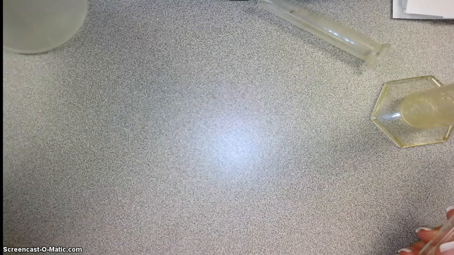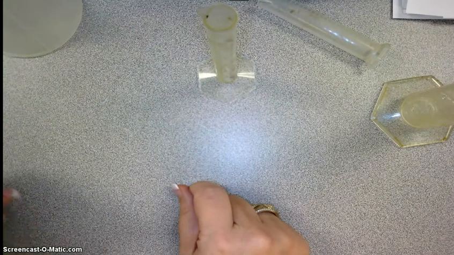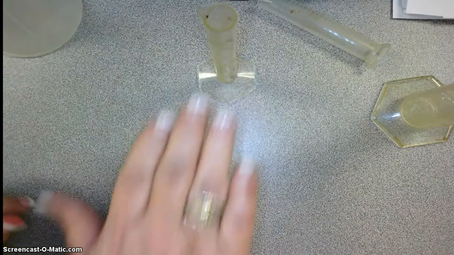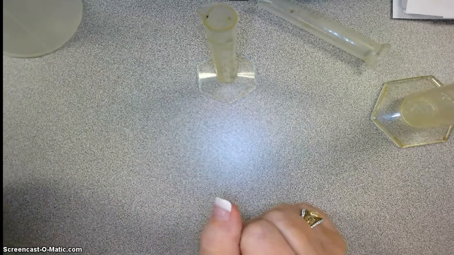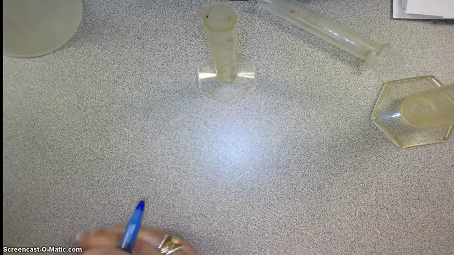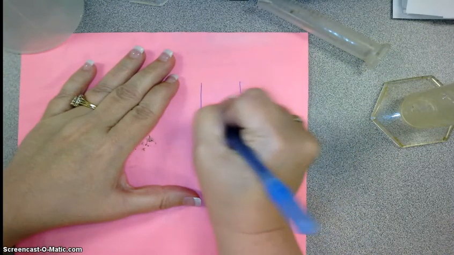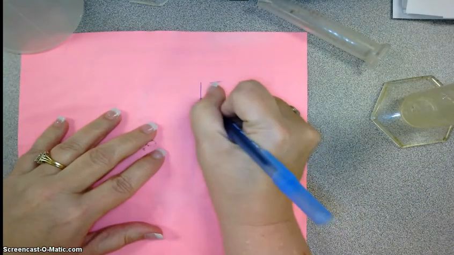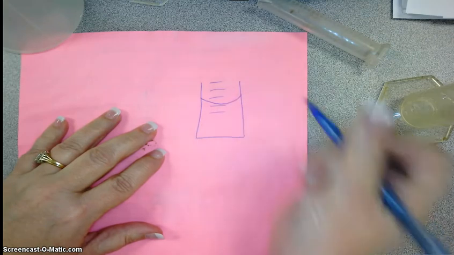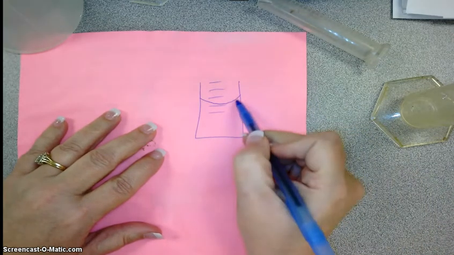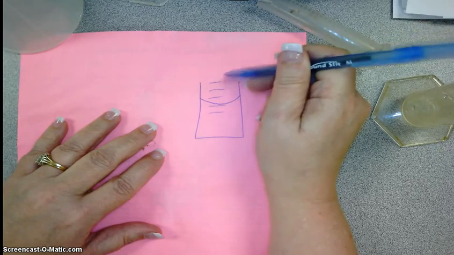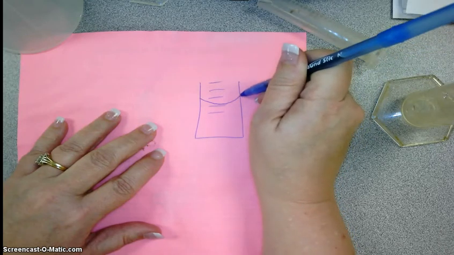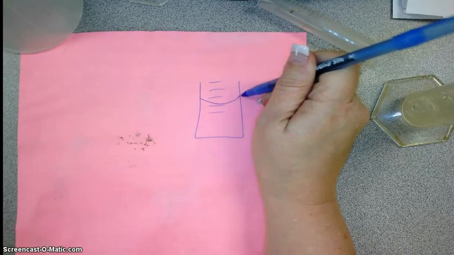You always want to set it down on a level surface, and then get down to eye level and look at it so that you're making an accurate measurement. Now, when we have a graduated cylinder, the water itself actually bends a little bit. This is because the air pressure is pushing down from the top, and water tends to cling, especially to glass, but plastic also.